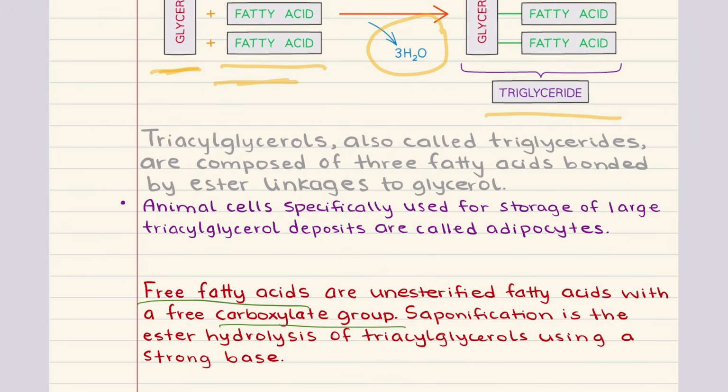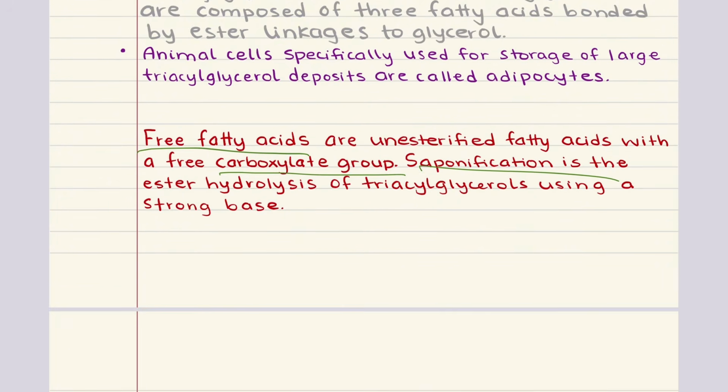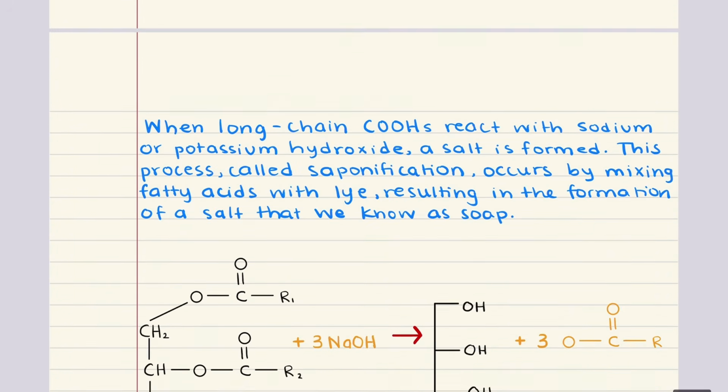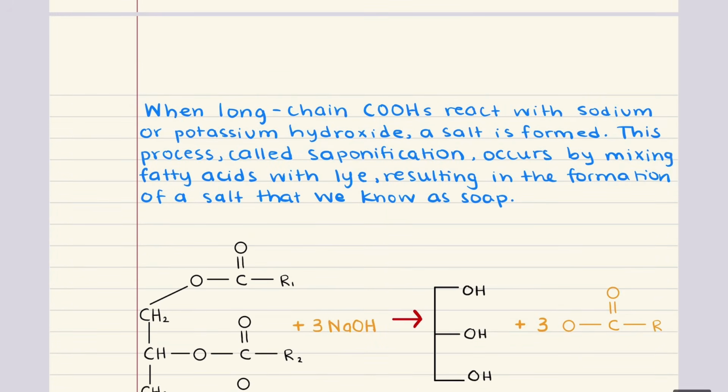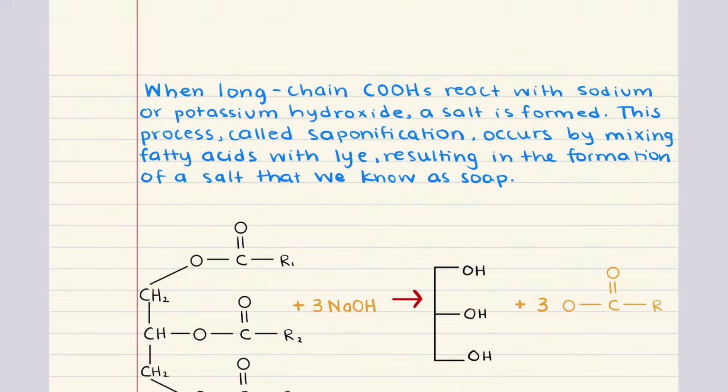Now, here's the connection. When we break down triacylglycerols, we release these free fatty acids. And one of the most well-known methods for doing this is called saponification. Saponification is the base catalyzed hydrolysis of ester bonds. So in other words, we use a strong base like sodium hydroxide or potassium hydroxide to break the ester linkages in a triglyceride.